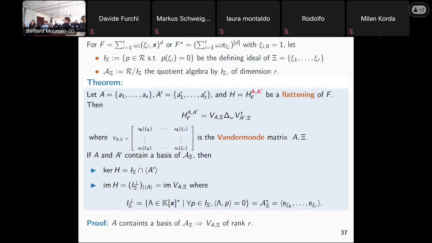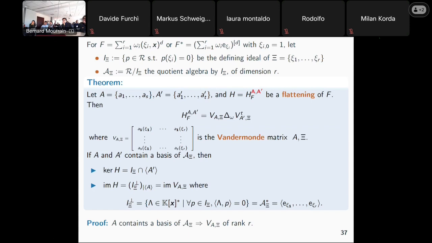Okay. So here you still have this hypothesis. Yes, so the strong rank hypothesis is this one. That this A and A prime contains the basis of the quotient, but also that the rank of the Hankel matrix, this R, you want that this R is also the rank of the Hankel matrix.